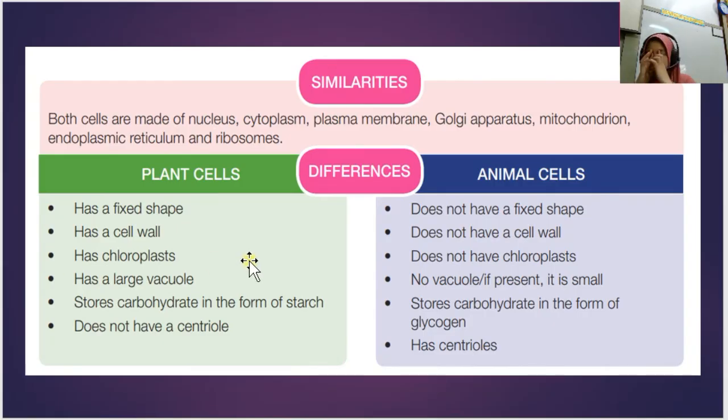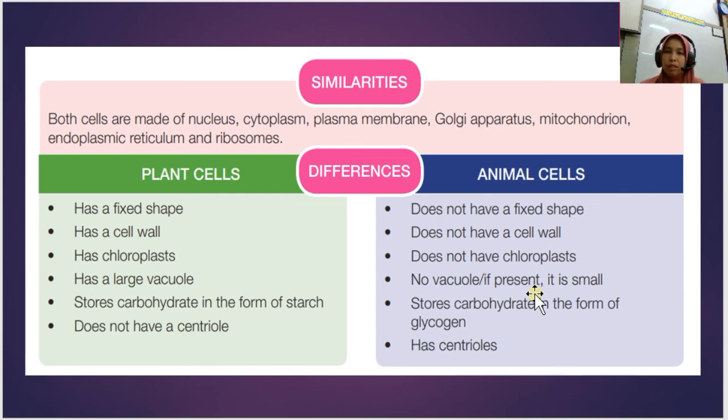Okay, so now I want you to create a map. You have to give the comparison between the plant cell and the animal cell. When you write the comparison, you have to give the similarities and also the differences.